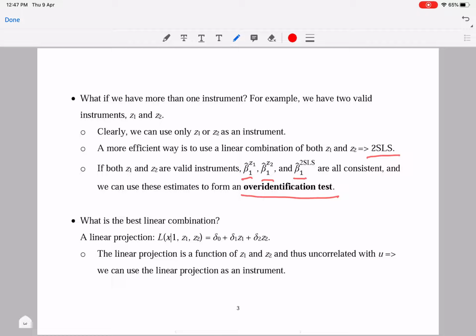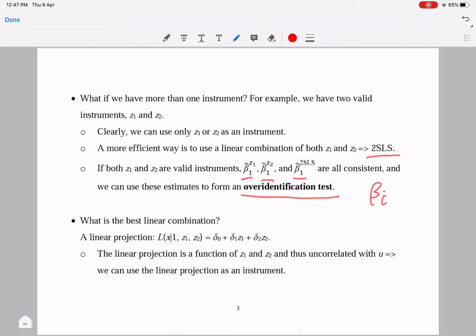In general, remember that beta could be a random variable, beta I. So maybe in the data some people are more affected by Z1, and some other people are more affected by Z2, but people who are affected by Z1 have a beta I that is different from people who are affected by Z2.